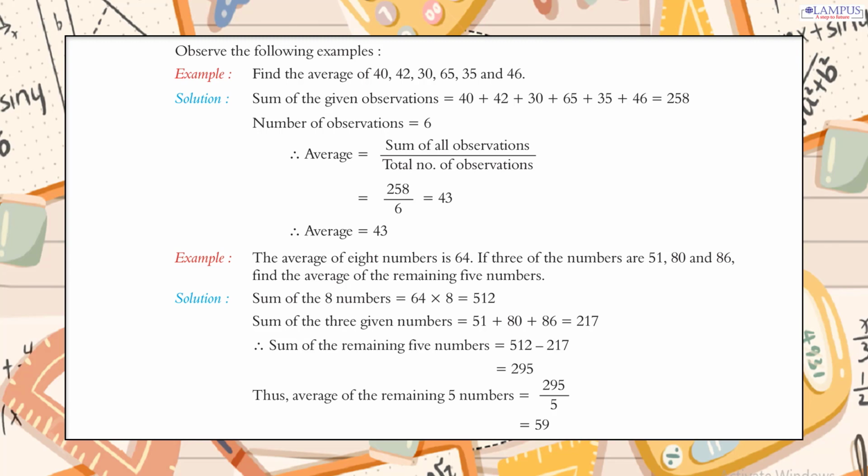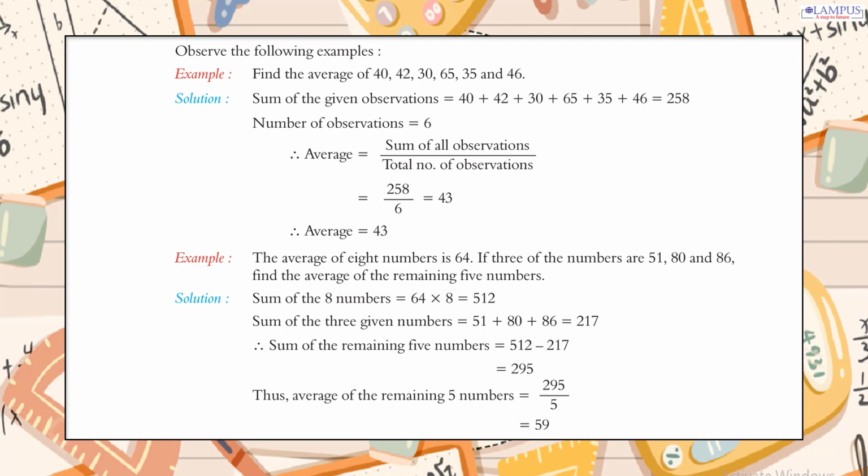Number of observations equals 6. Therefore, average equals sum of all observations divided by total number of observations equals 258 divided by 6 equals 43. Therefore, average equals 43.